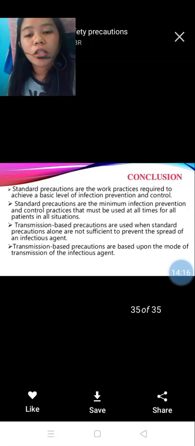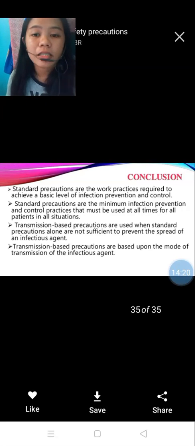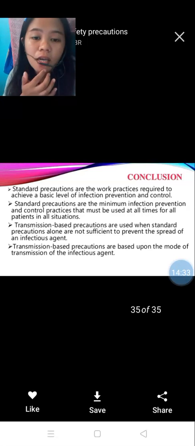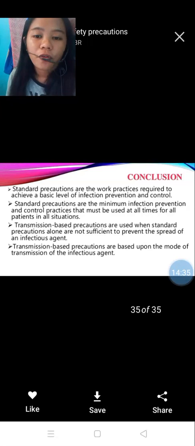We have here the conclusion: standard precautions are the work practices required to achieve a basic level of infection prevention and control. Standard precautions are the minimum infection prevention and control practices that must be used at all times for all patients in all situations.